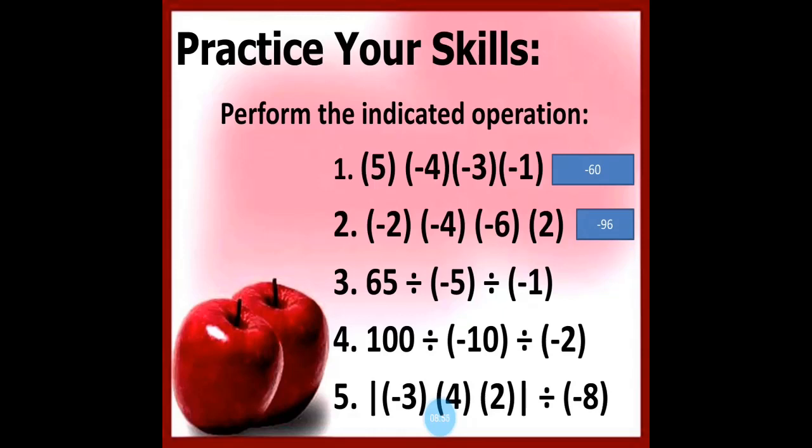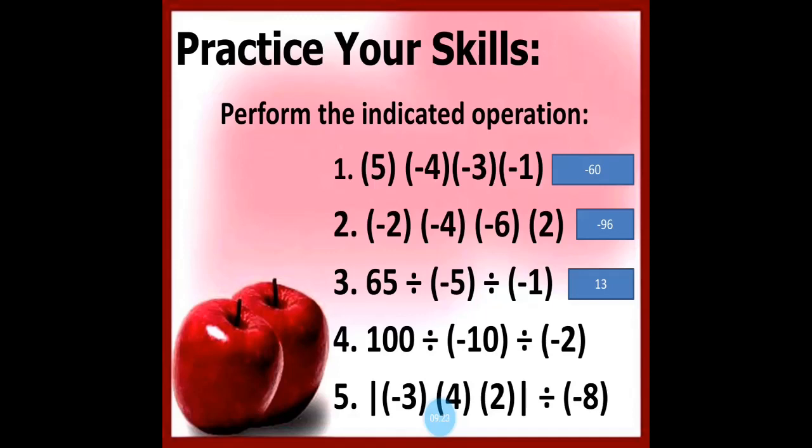How many negative numbers do we have? 2, negative 5 and negative 1. Is 2 even or odd? Even. Therefore, the quotient will be positive. So that would be 65 divided by negative 5 divided by negative 1. The answer is 13.